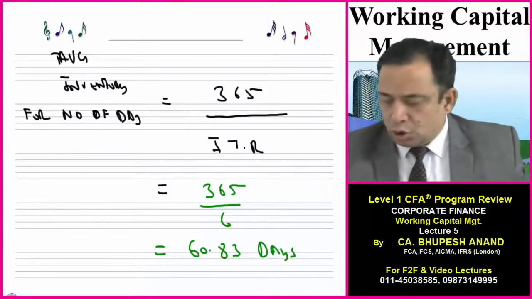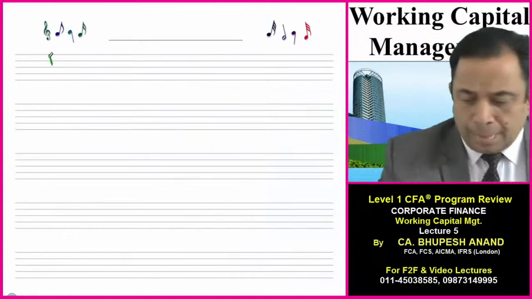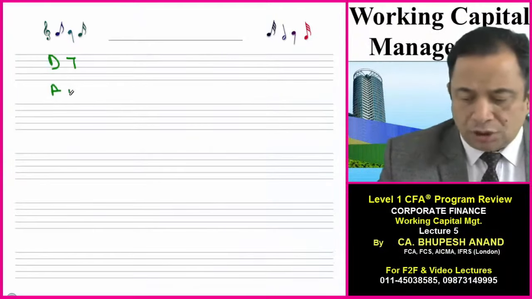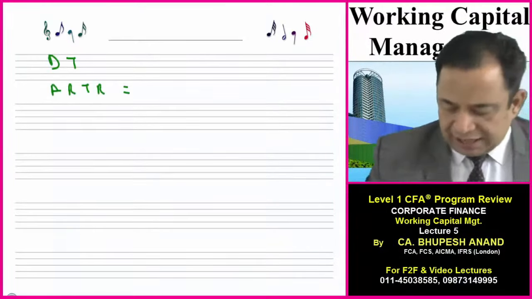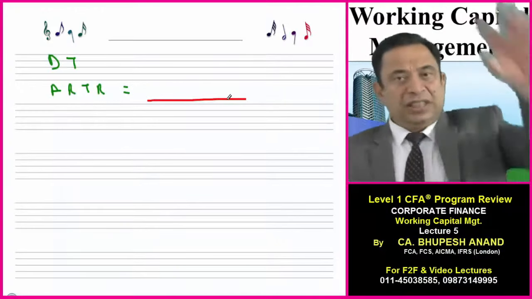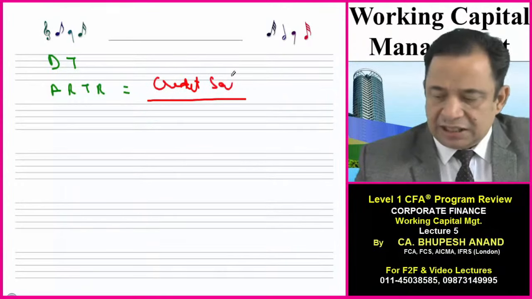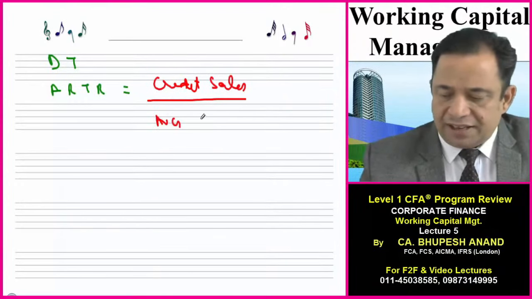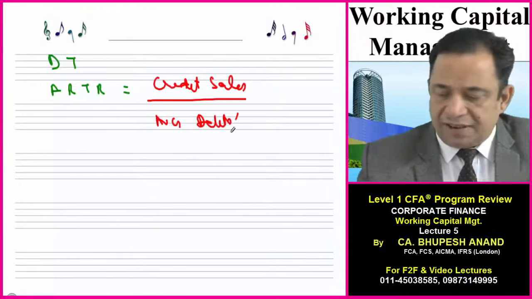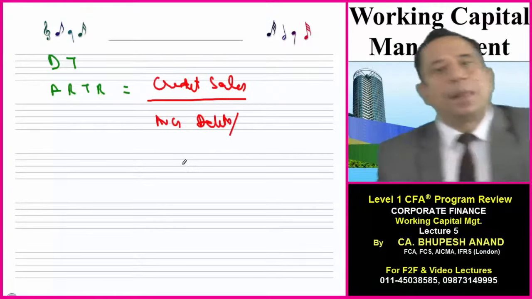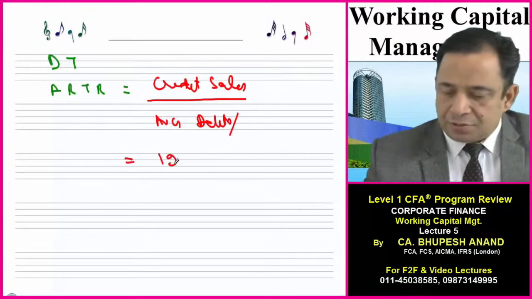Then I told you about debtors turnover ratio, or accounts receivable turnover ratio, that is credit sales upon average debtors, upon average accounts receivable. Let it be 12 times.